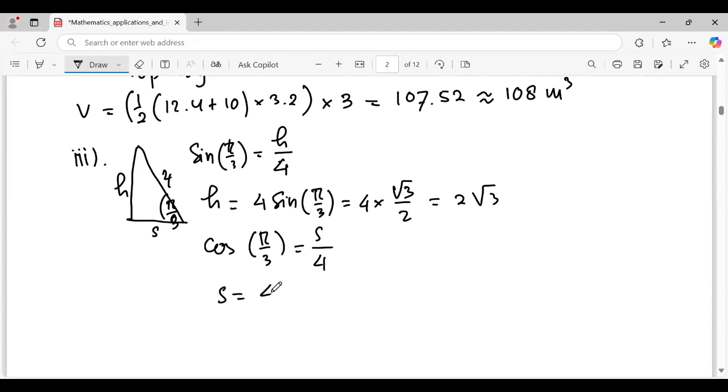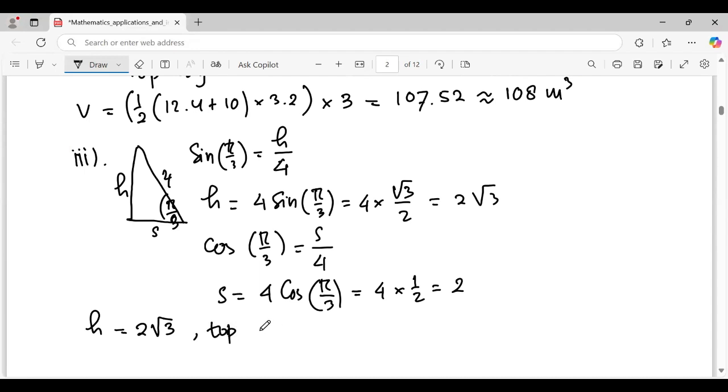So s equals 4 cosine pi third, and it is 4 times 1 half, 2. So height is 2 square root 3. And then the top edge, 10 plus 2 or 12 meters.